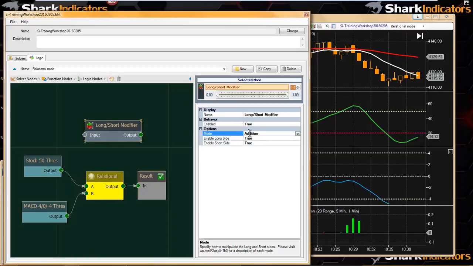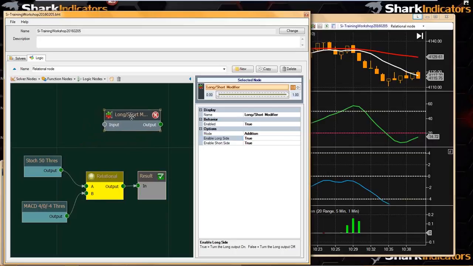It takes the long side and adds it to the short side. So this addition is not adding long to long, it's actually adding short to long. There is a subtle difference here. There is not a solver that will add the long to the long.